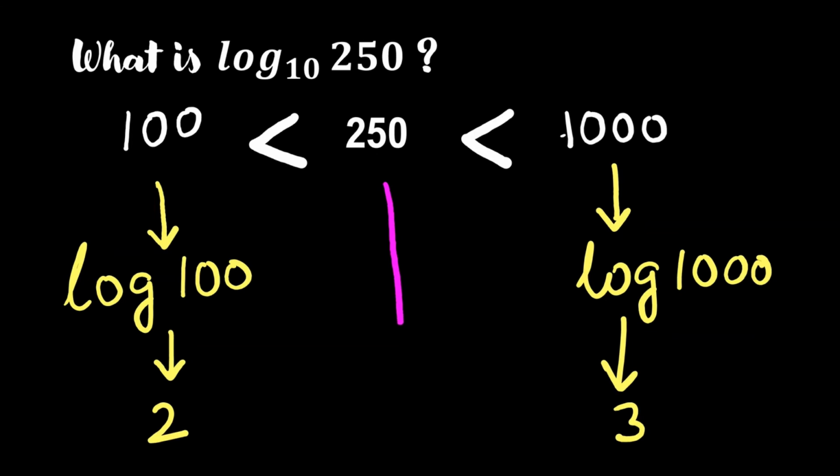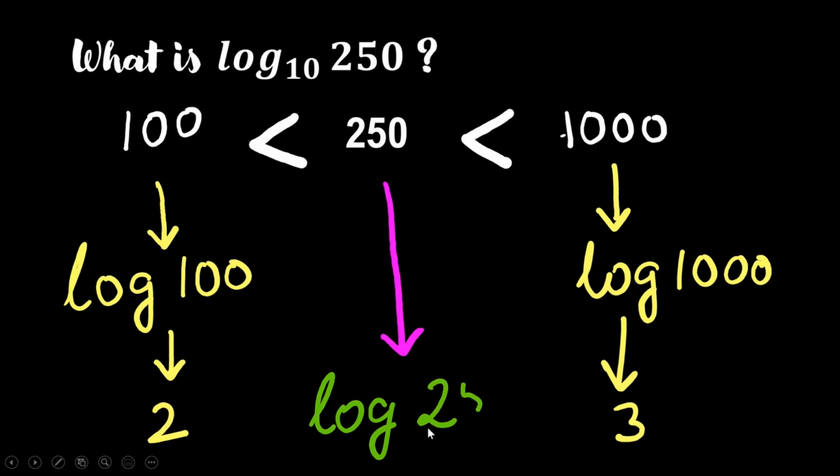Since 250 lies between 100 and 1000, we can predict that the logarithm of 250 should lie between 2 and 3. Correct? So whatever the value of log 250, it should be in between 2 and 3.